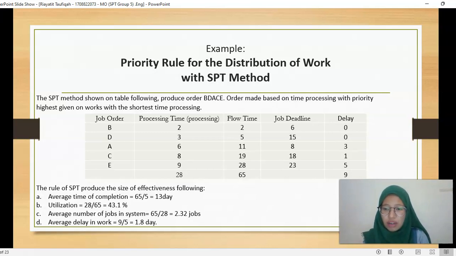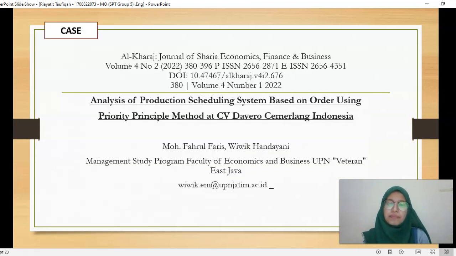Then average number of jobs in the system, 65 over 28, which equals 2.32 jobs. And the last one, average delay in work, consists of 9, which comes from the total delay divided by 5, the amount of job orders, and it equals 1.8 days.